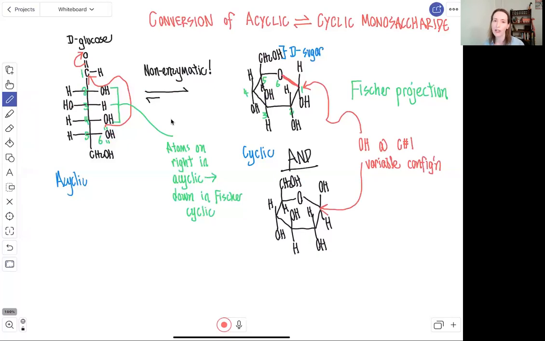As a consequence, position 1 has some additional terminology associated with it to make clear which of these structures we are talking about when we cyclize D-glucose, because both of these structures, the top one and the bottom cyclic form, exist. To distinguish between the two, we have some specific terminology for carbon number 1. First off, a term you need to be aware of is anomeric.